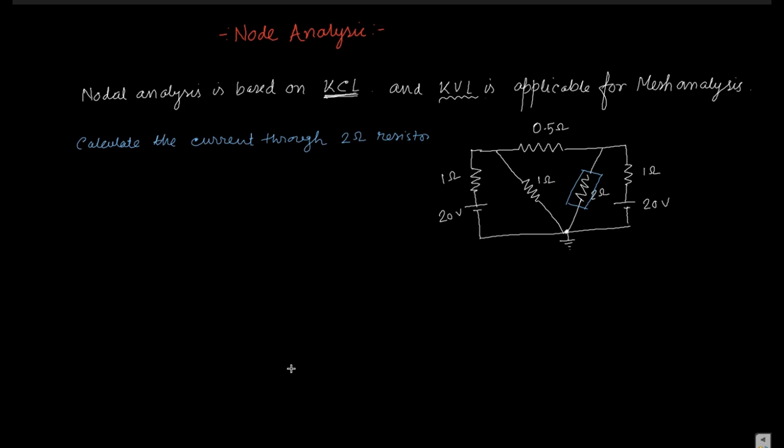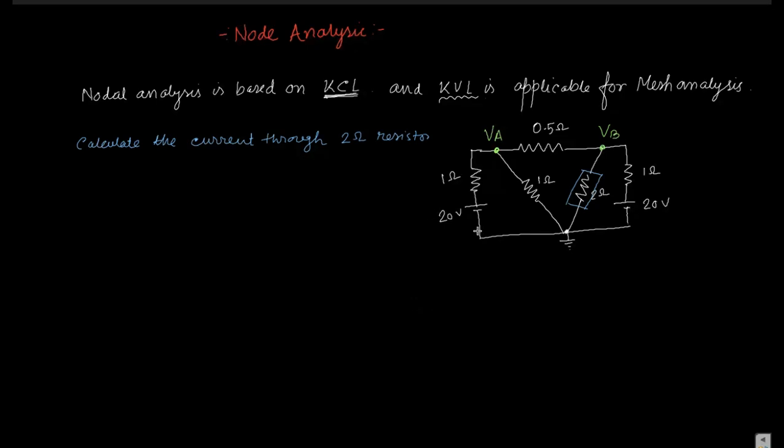Okay, so to solve this, first of all consider how many nodes there are. Here it is a node, you can take it as VA, and this is another node, you can consider it as VB.